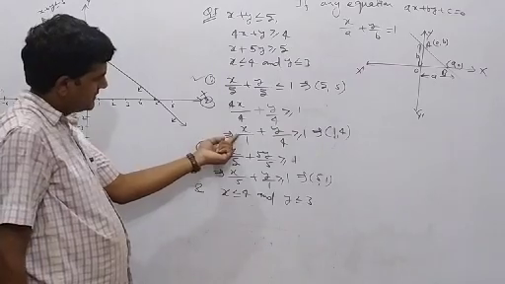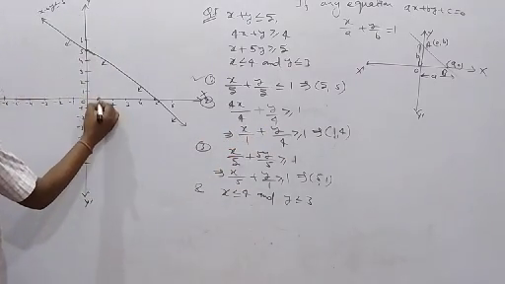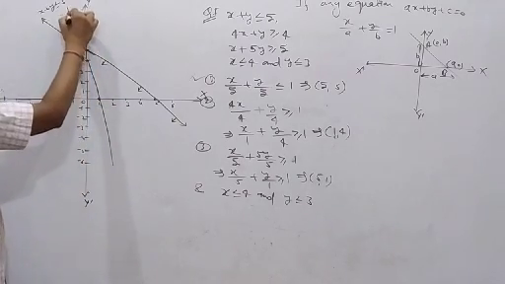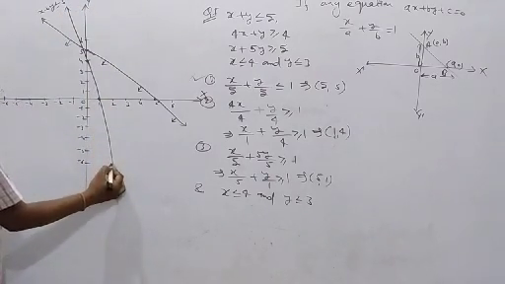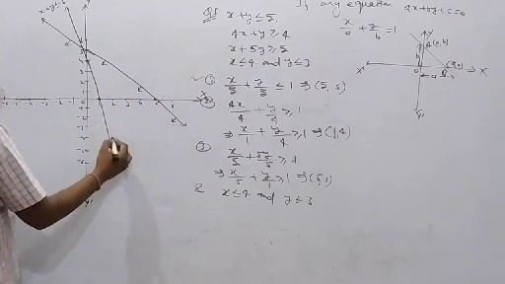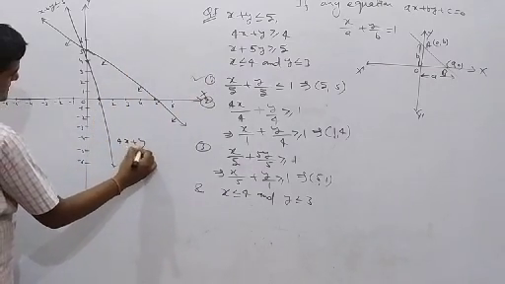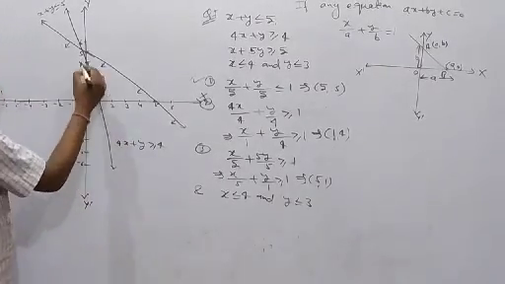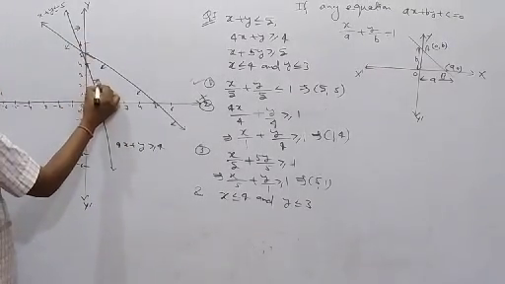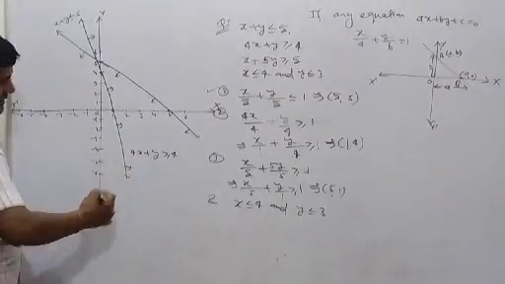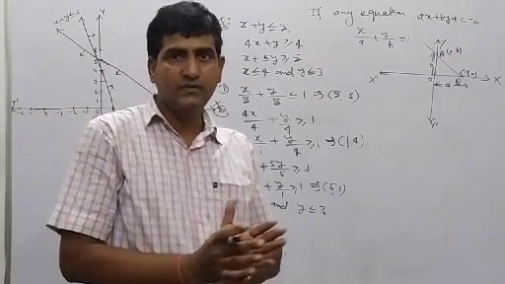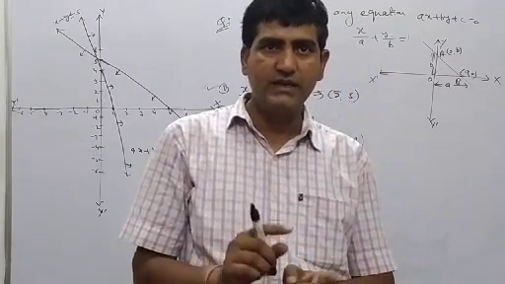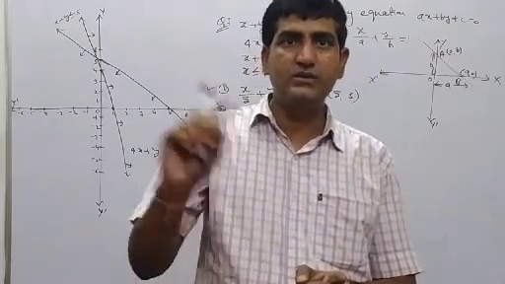For the second, x by 1, 1 comma 4, x is equal to 1, y is equal to 4. Here the equation is 4x plus y is more than or equal to 4. This is more than, so the arrow is away from the origin. If the value of ax plus by is more than c, then the arrow is away from the origin.